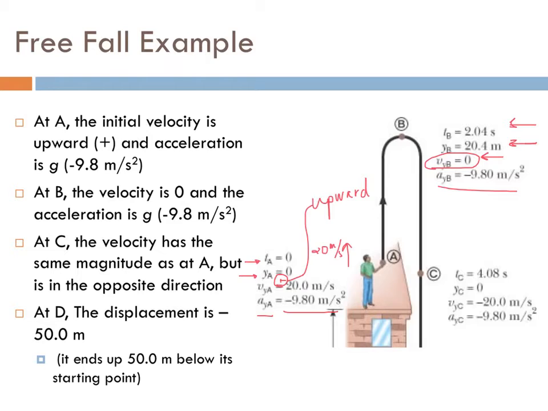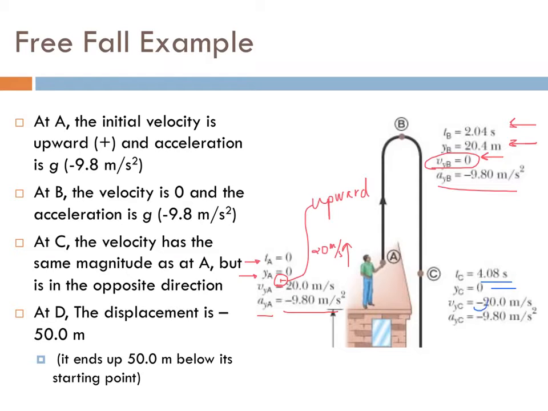Now over here at position C, it's telling you that we are 4.08 seconds away from when we started. So this is 4.08 seconds later. Our displacement is 0. That means we have ended up exactly where we began. So anytime that you start and end at the same position, your change in position is equal to 0.